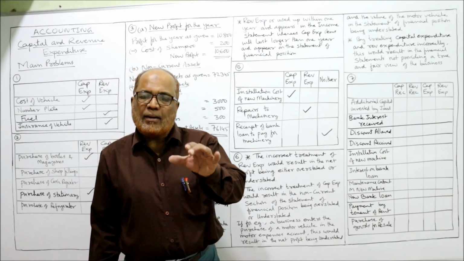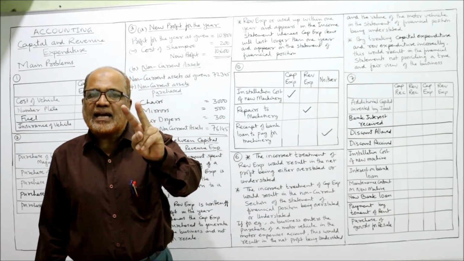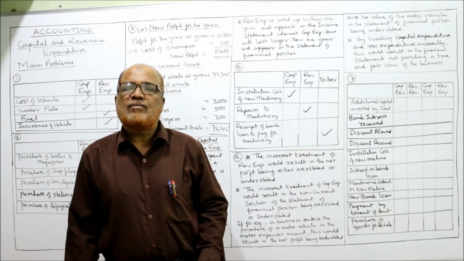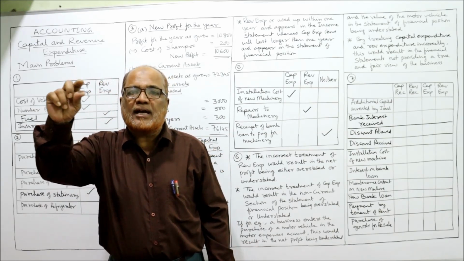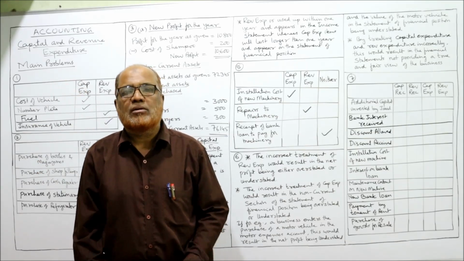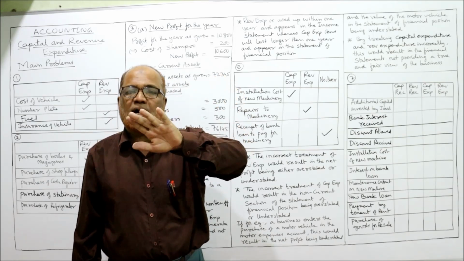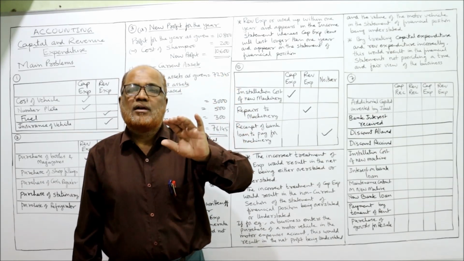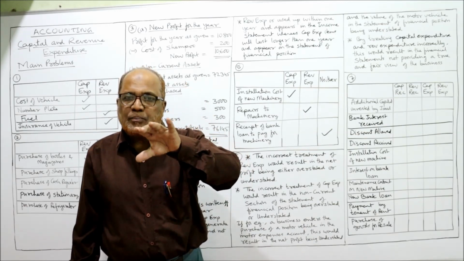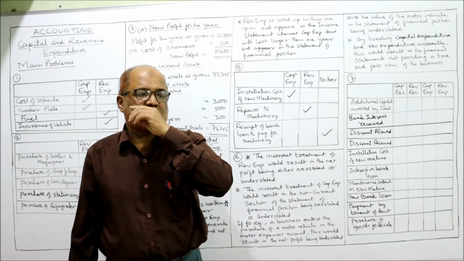When we commit a mistake in capital expenditure and revenue expenditure, the second impact is it will affect the non-current assets section of the statement of financial position. In the statement of financial position, we will have a section called non-current assets.